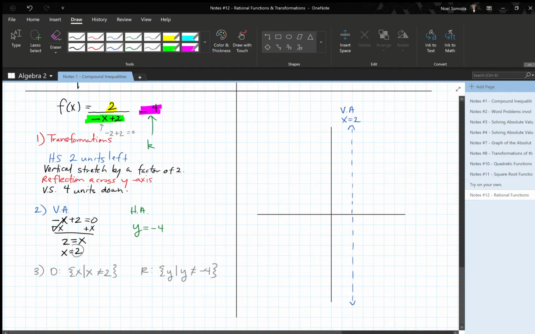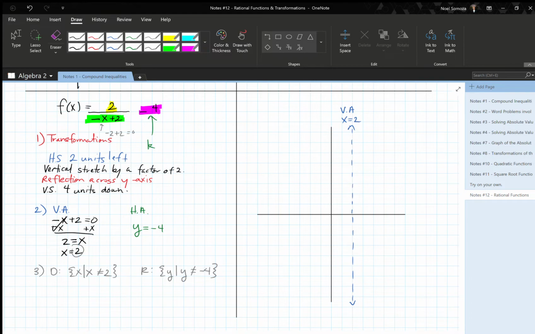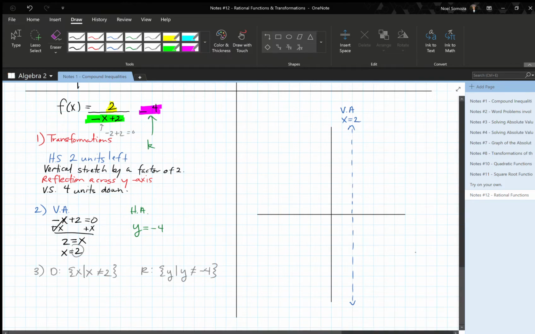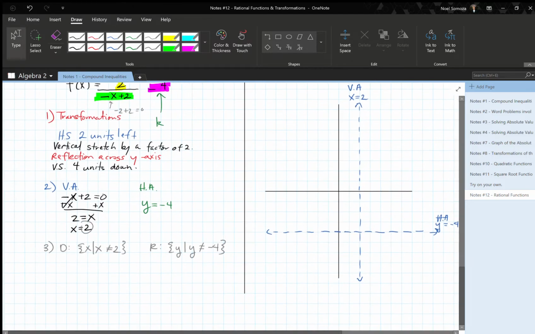And then we have a horizontal asymptote at negative 4, so 1, 2, 3, 4, right here. There's our HA, y equals negative 4. Now let's go back to the table.